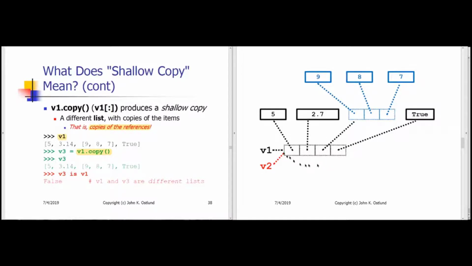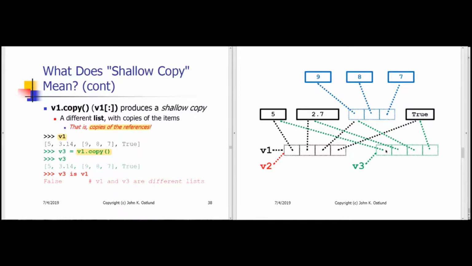I'm not getting a copy of the 5, a copy of the, well, that should be 3.14. I'm just getting a copy of these references. So what that's going to look like is this. When I say v3 gets v1.copy, that makes a copy of these references, and v3 now is a reference to that list of references.